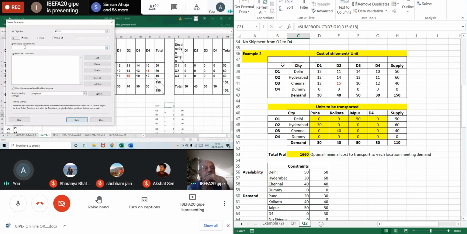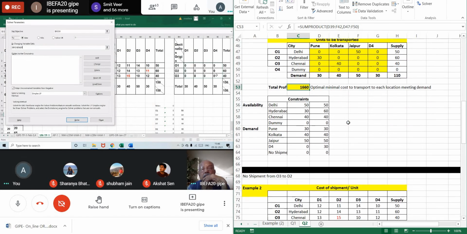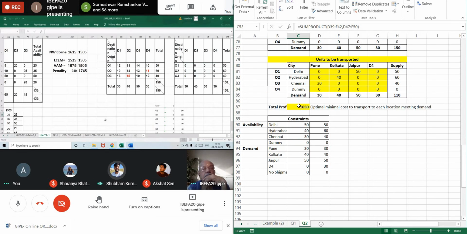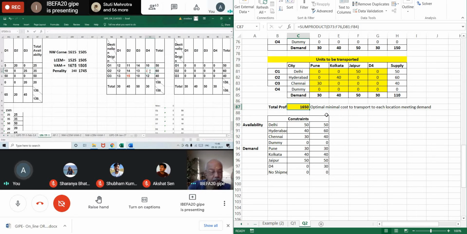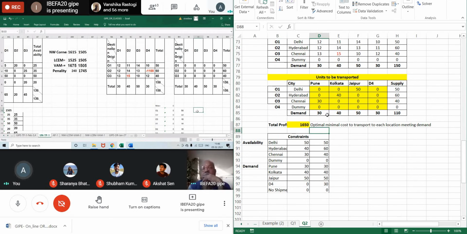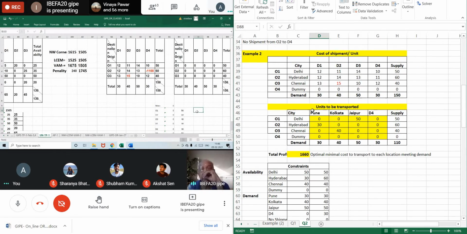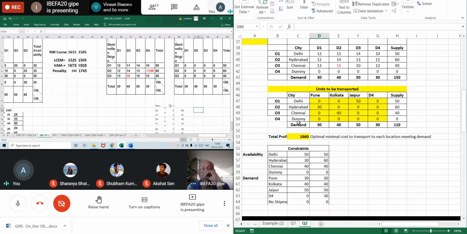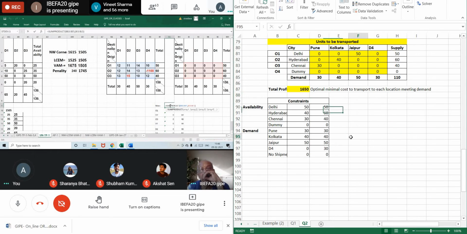The second case, no shipment from O2 to D4, is coming as 1660. Yes, sir, same answer, 1660. And the third one I'm getting 1650. We don't want the first one. Our answer has to be the conditional one. So for the conditional one, I'm getting 1660 and 1650. Let me verify.